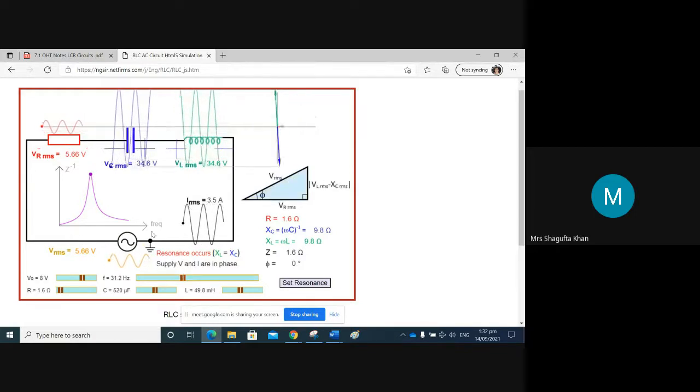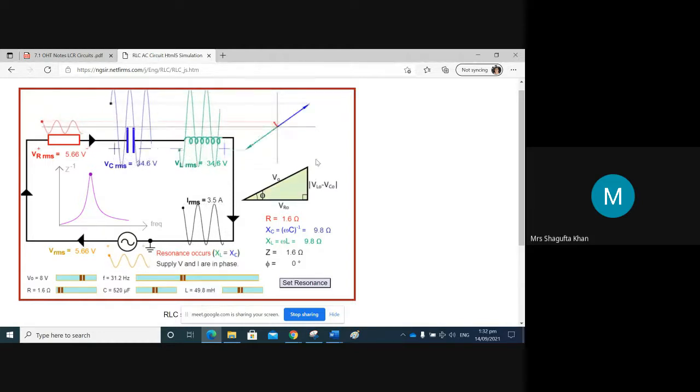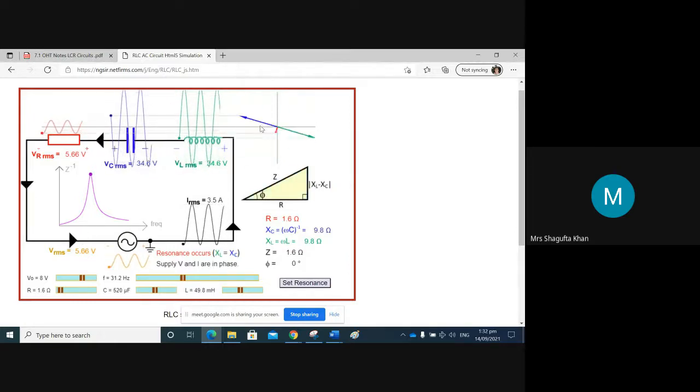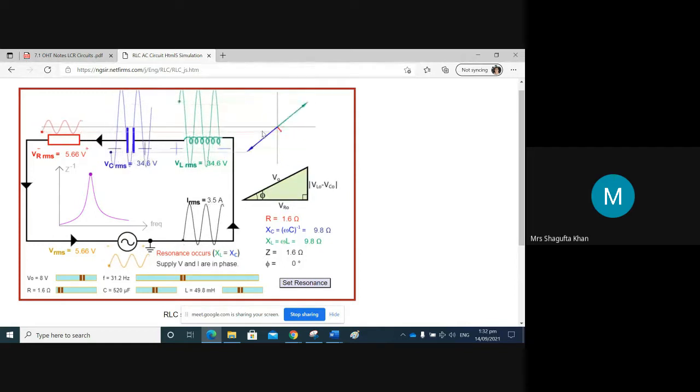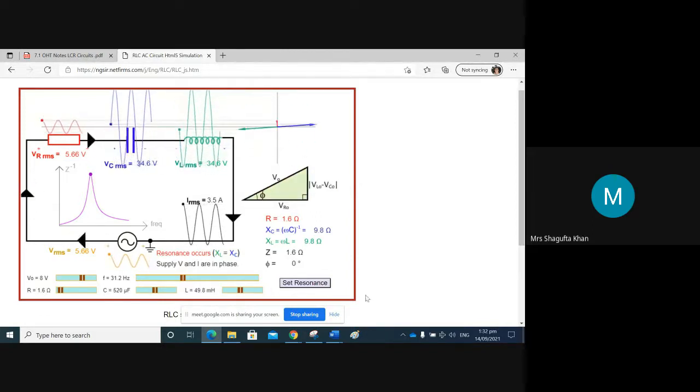Before that, at lower frequency, current was somewhere this much value. Now these over here are the phasors. The blue one is the voltage across the capacitor, the green one is the voltage across the inductor, and the little red one is the voltage across the resistor.